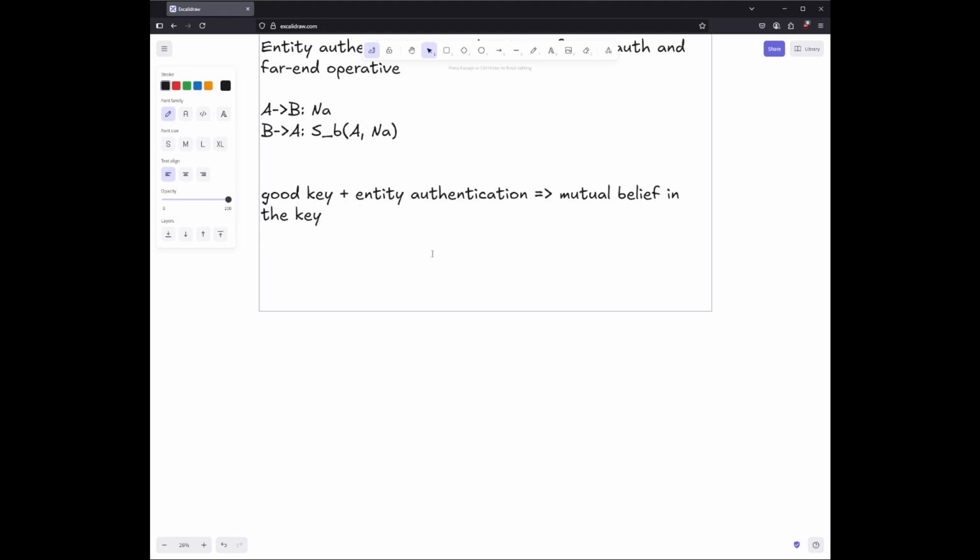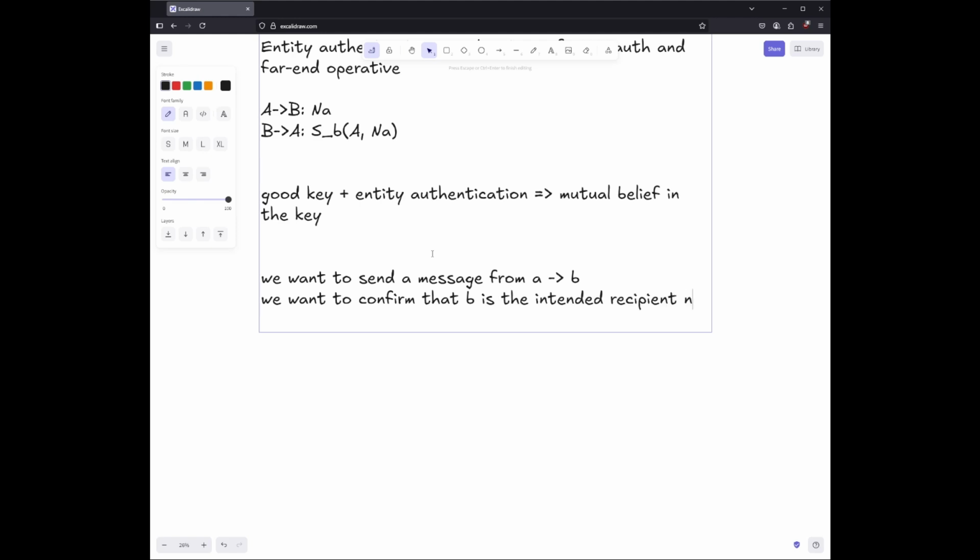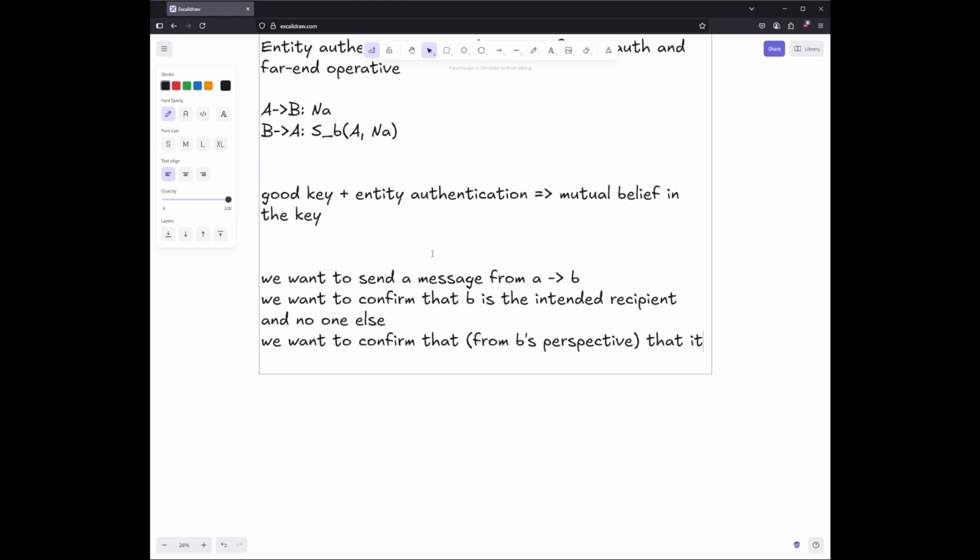Firstly, from any cryptographic transaction, we want to be able to send a message from A to B, and we want to confirm that B is the intended recipient and no one else. We want to be able to confirm, from B's perspective, that it's A who actually sent the message.